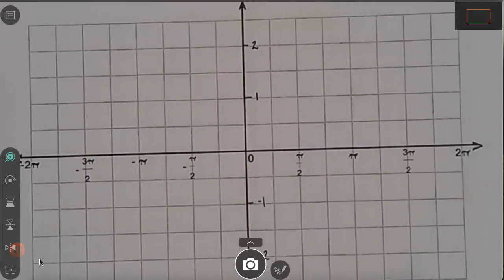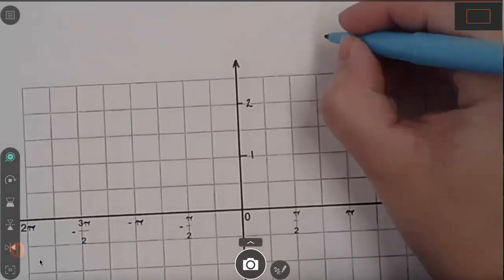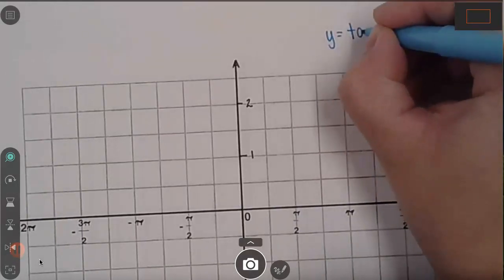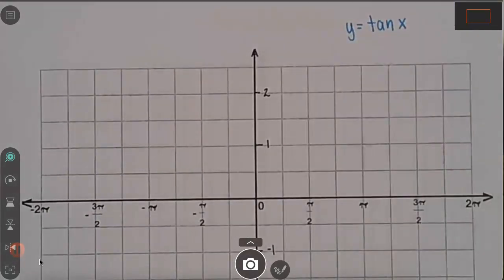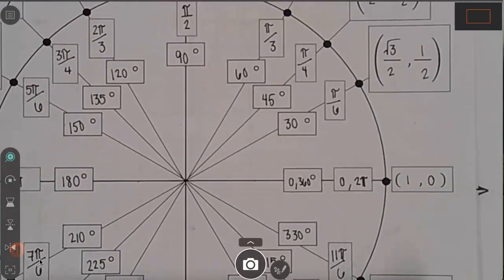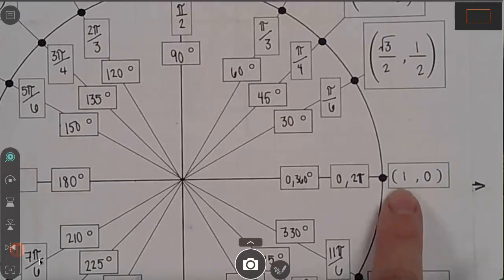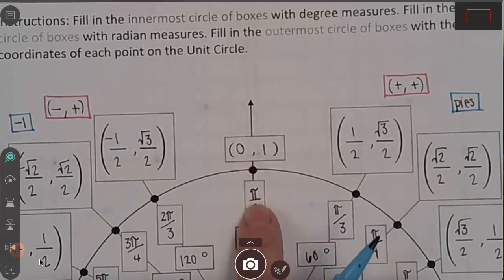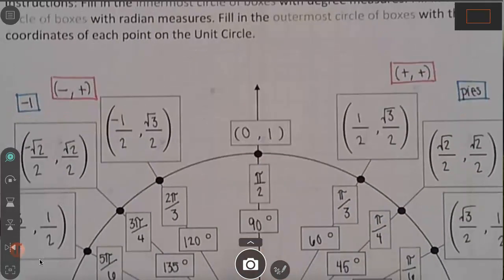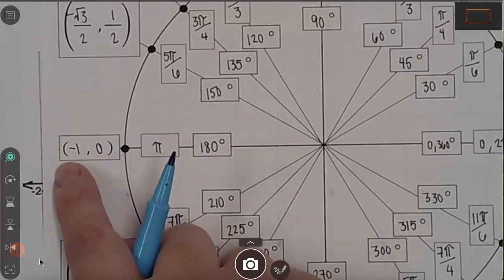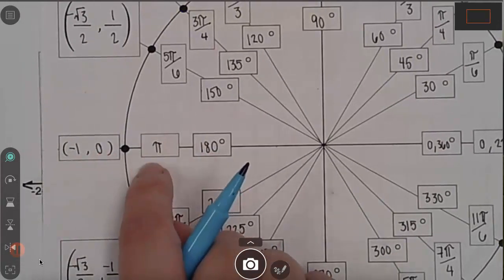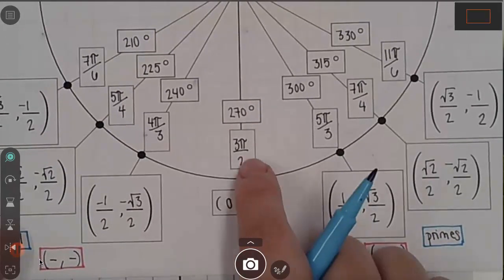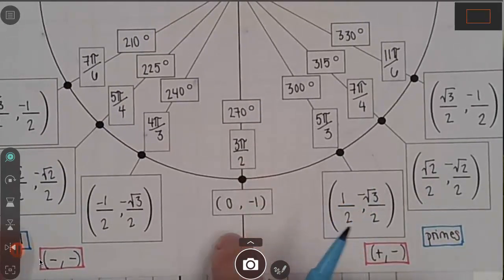All right, so for tangent, we'll go back to blue. Tangent is sine over cosine. So 0 over 1 is 0, so tangent of 0 is 0. 1 over 0 is undefined, so tangent of pi over 2 is undefined. 0 divided by negative 1 is 0, so tangent of pi is 0. 3 pi over 2, we have negative 1 divided by 0, which is also undefined.